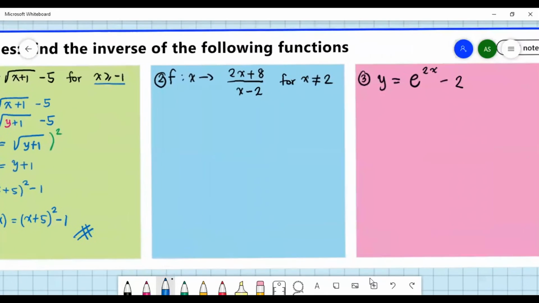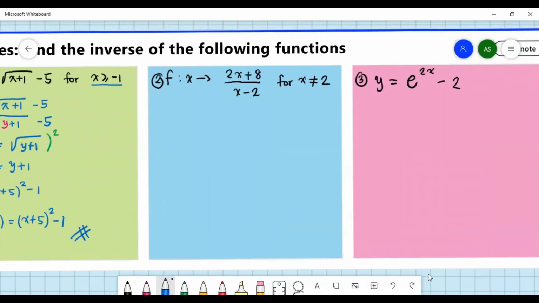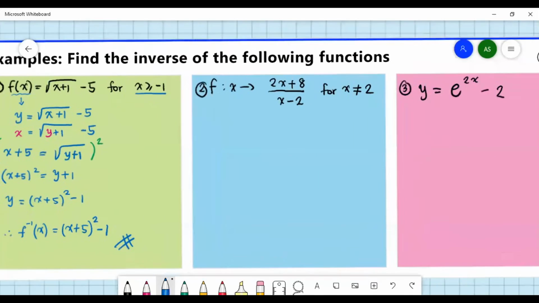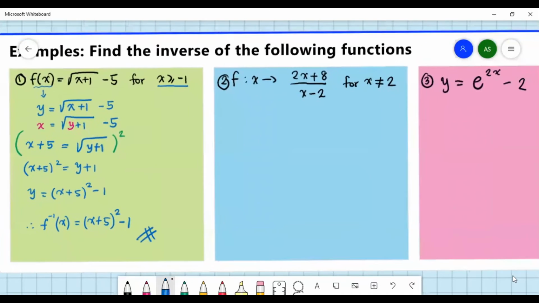Question number 2. As you can see, this is a rational function. In this case, your function is not defined for x equal to 2 because it will be 0 in the denominator, so it won't exist anymore. The function is f of x is 2x plus 8 all over x plus 2.